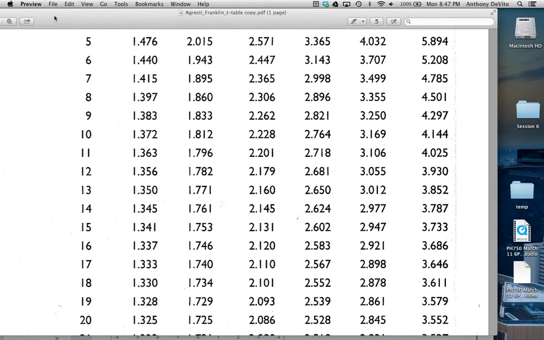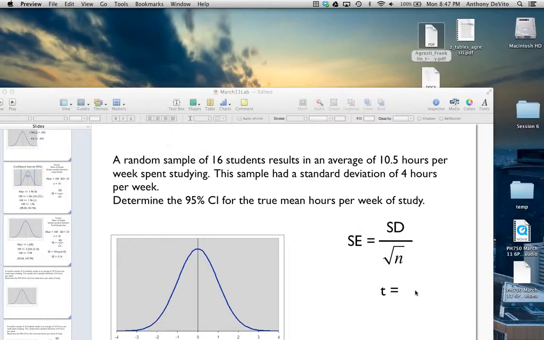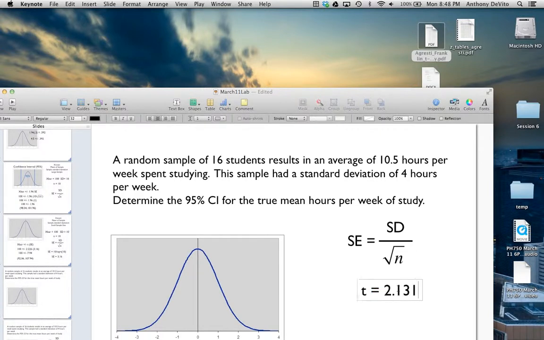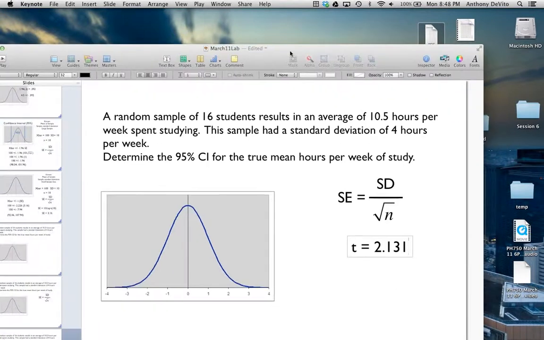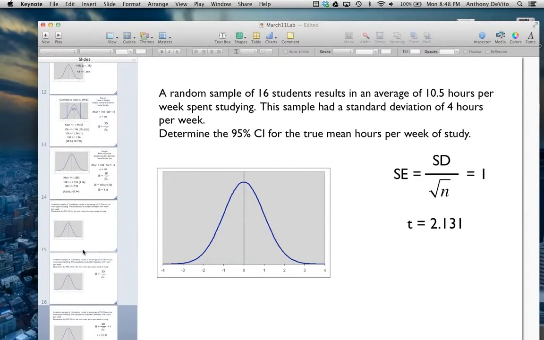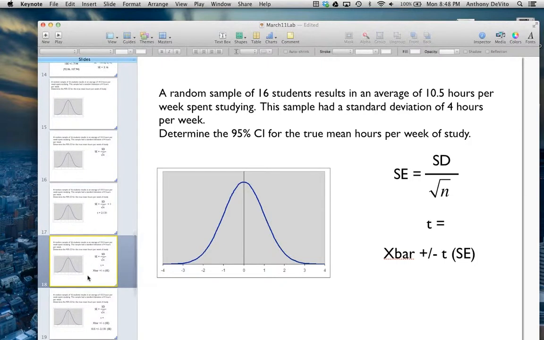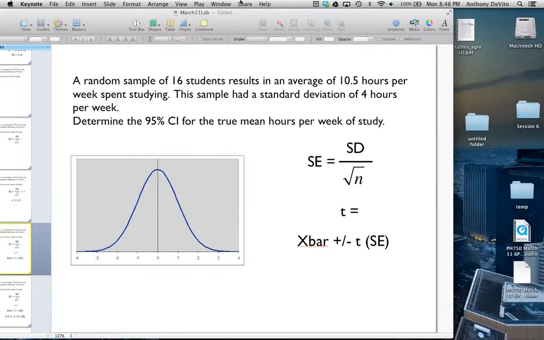So when we go back to our question, t is going to be equal to 2.131. So now we know that the standard error is equal to 1, and t is equal to 2.131.